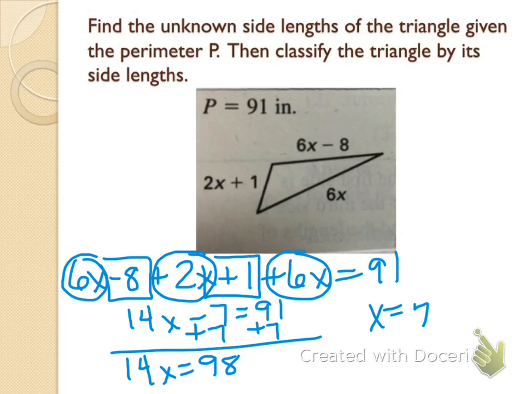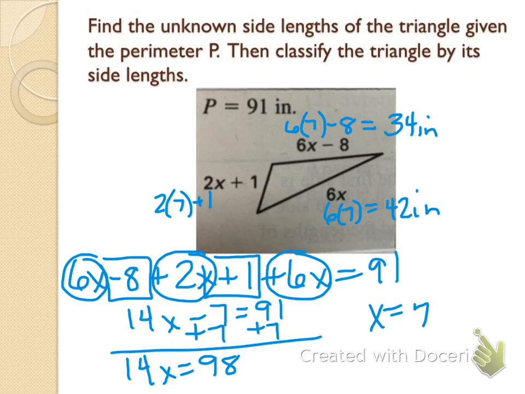Therefore, this side would be 6 times 7 minus 8, and it will be 34 inches. This side will be 6 times 7, or 42 inches. And finally, this side will be 2 times 7 plus 1, or 15 inches.